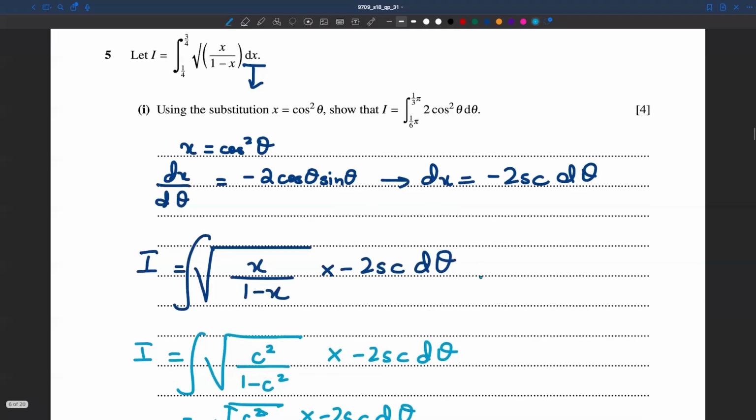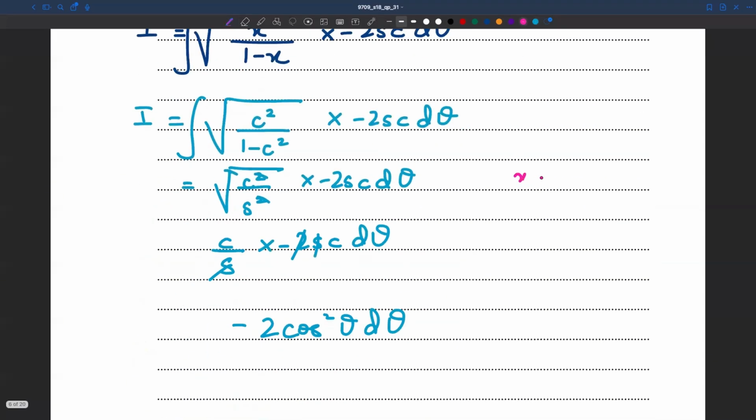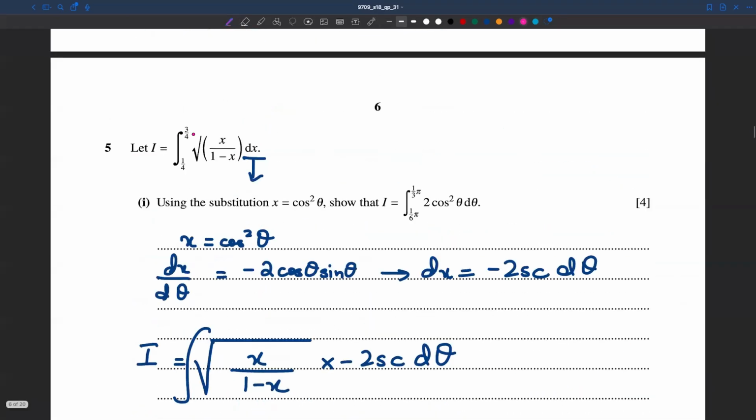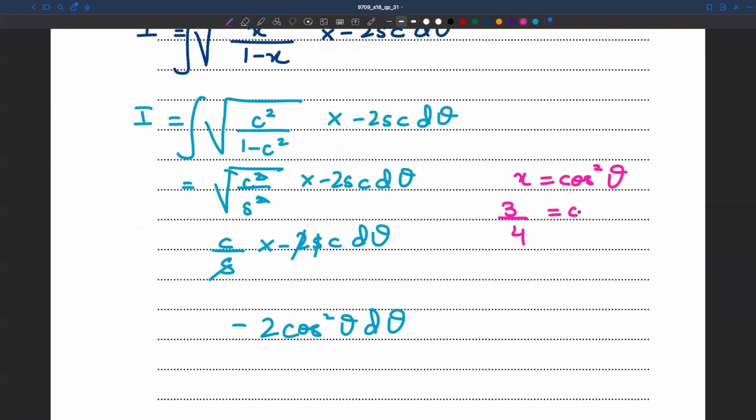And now coming to the limits. So we know that the substitution was x is equal to cos²θ. One of the values of x is 3 upon 4. Take the square root of 3 upon 4 and then cos inverse.